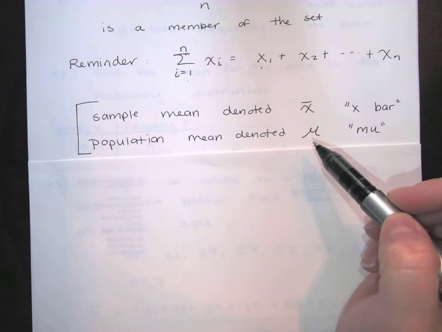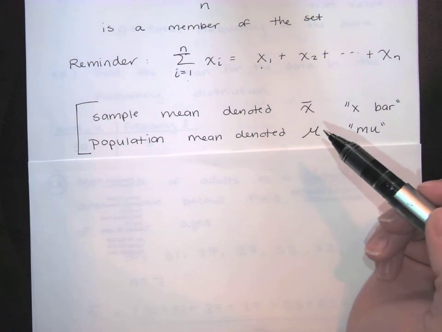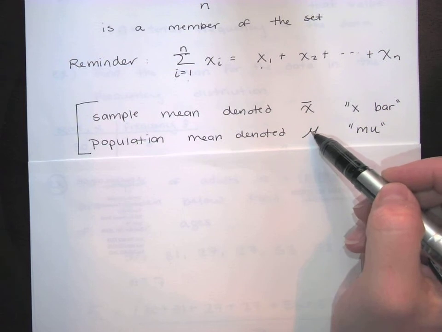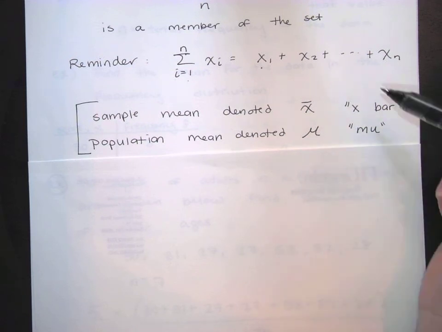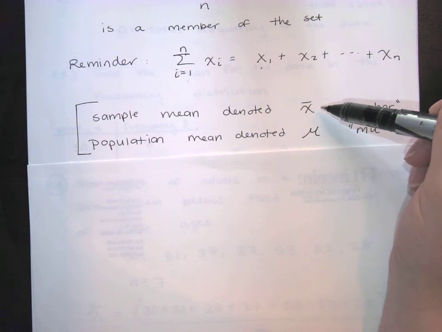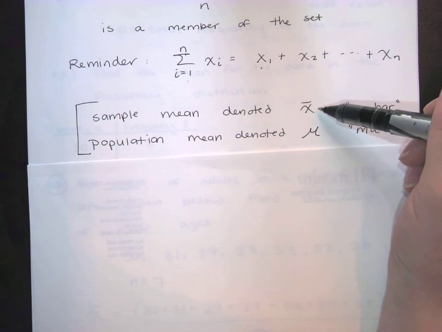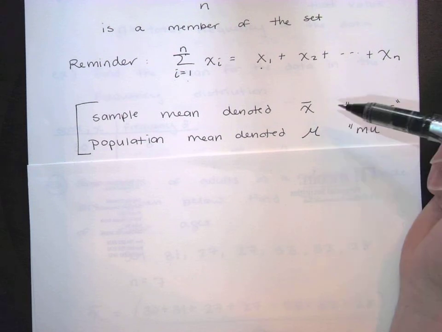For instance, if your population is simply people on the football team and you're actually able to measure all of their heights and find the average height. However, if you don't investigate every member of your population and you just take a sample and report the mean of the population via the mean of the sample that you found, we call that x bar. But the way that we find these is the same.